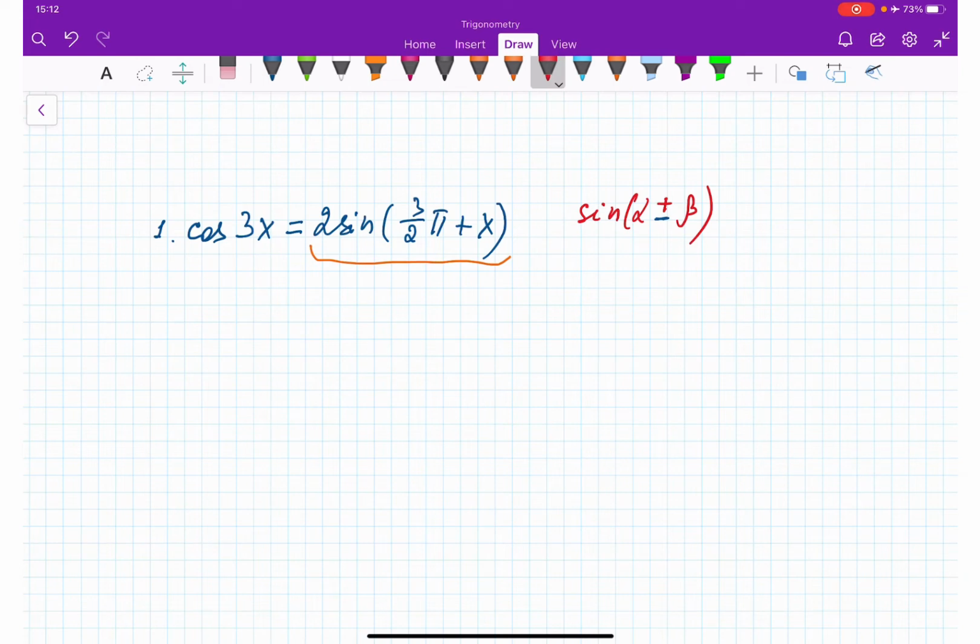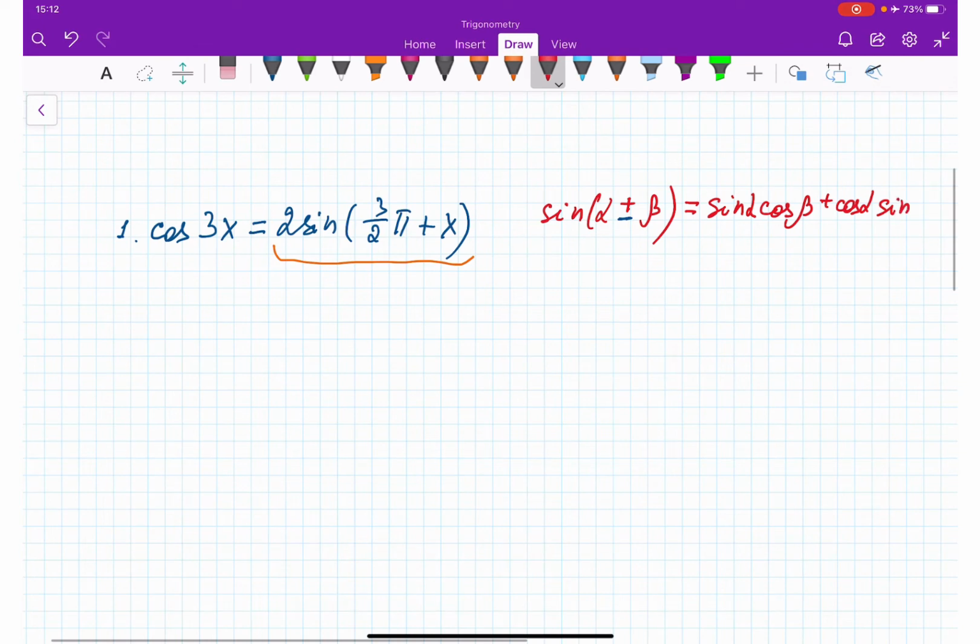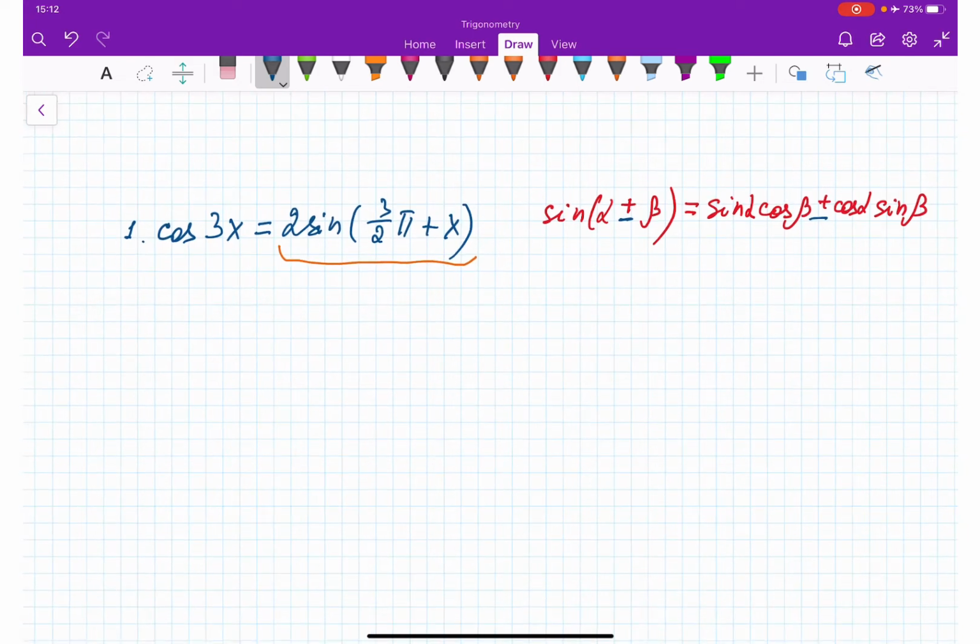So sine of alpha plus beta, which is our case, where alpha is 3π/2 and beta is x, is equal to sine alpha cosine beta plus cosine alpha sine beta. For minus, we put minus here. Okay, let's open up and see what we get.